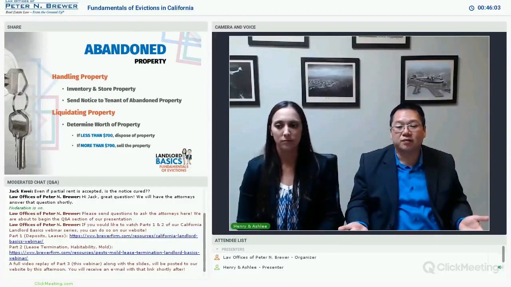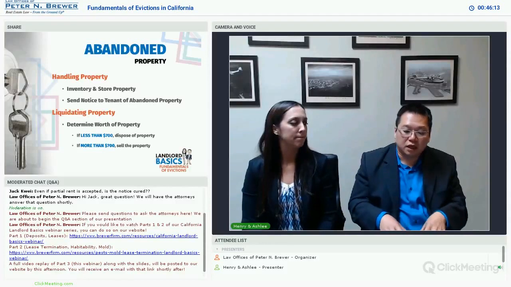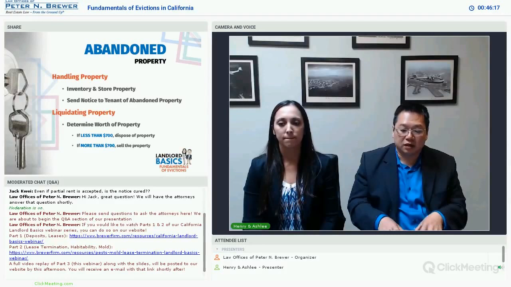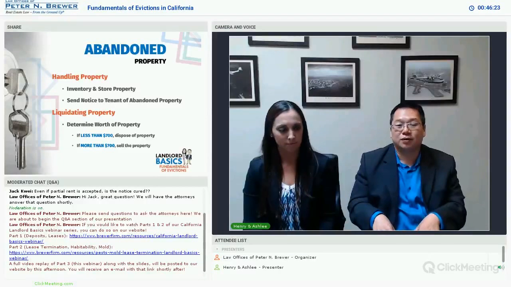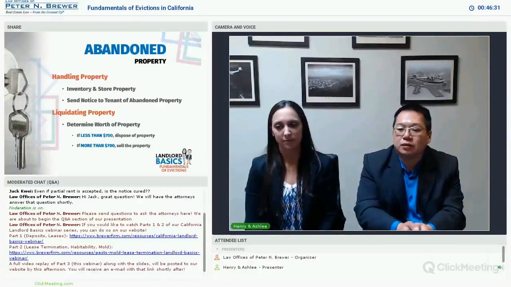If your security deposit was 1 month's rent, you've already used that up entirely. And so there's no need to return the security deposit at that point in time. As for the deposit itself, no, it does not apply to your calculations of the $700. The $700 calculation is just about the abandoned personal property at the house, things that are liquidable, like clothing, furniture, TVs, anything you would normally see in someone's household.